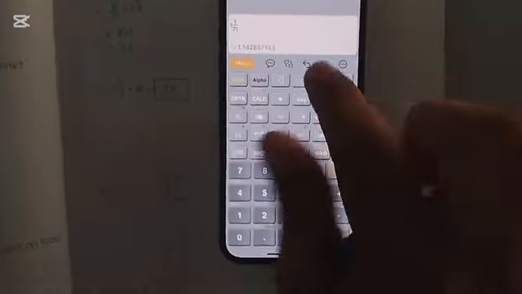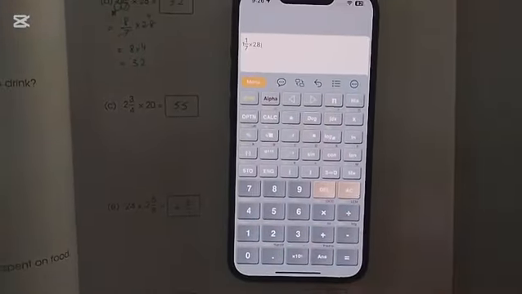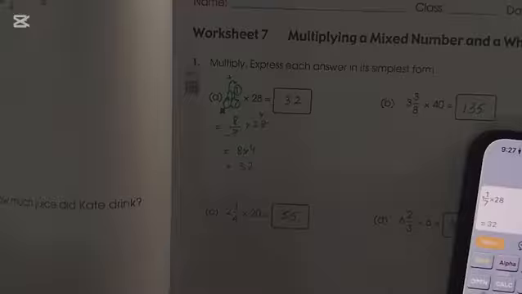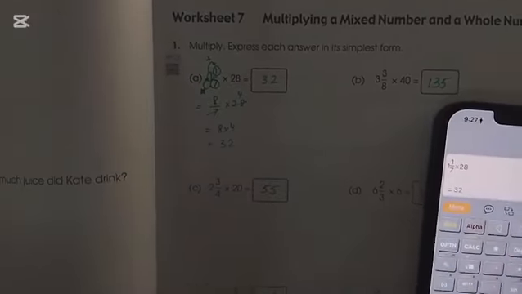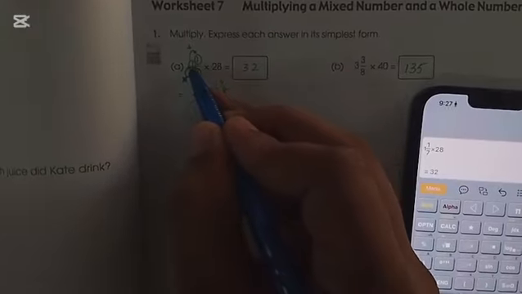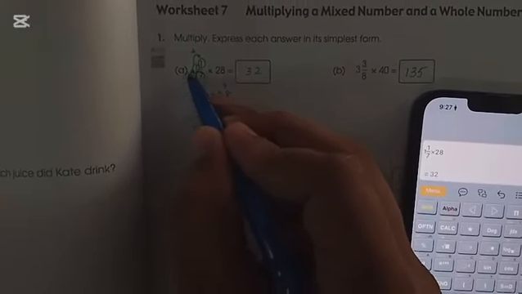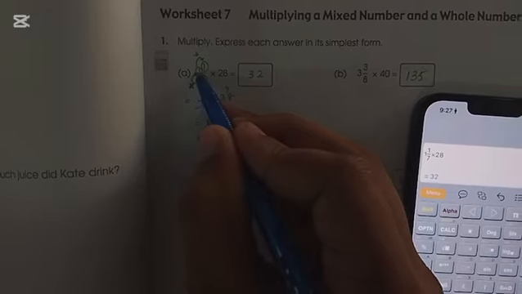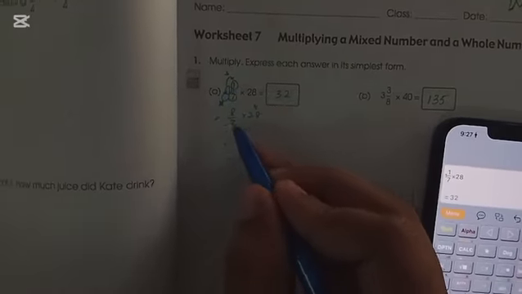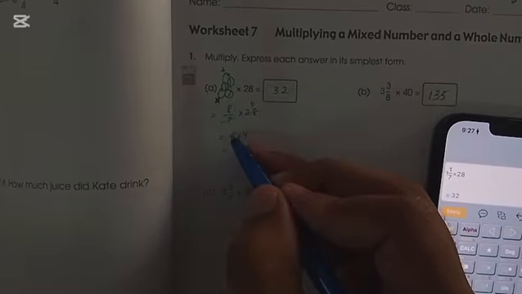Multiply 28. We go next, multiply 28 and press equals. We get the answer 32. But we should also know how to solve this without the calculator. We multiply the denominator with this whole number: 7 ones are 7, and 7 plus 1 we get 8. So we write 8 in the numerator and 7 in the denominator.